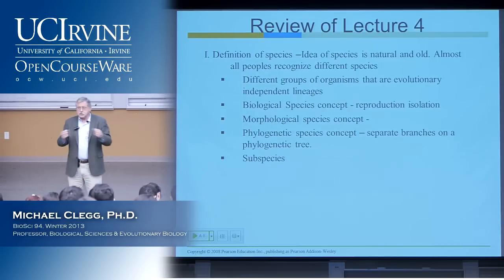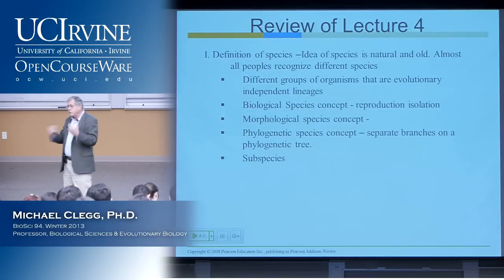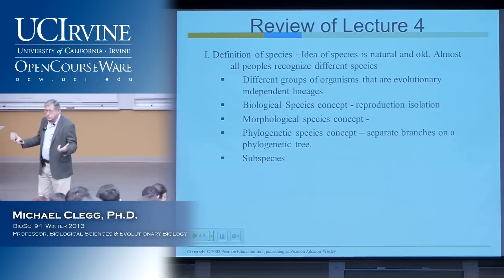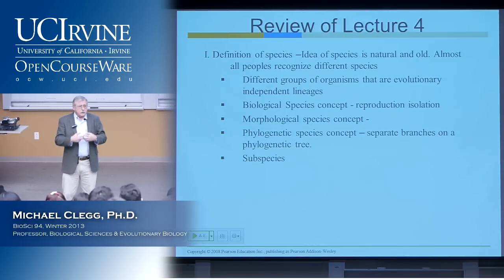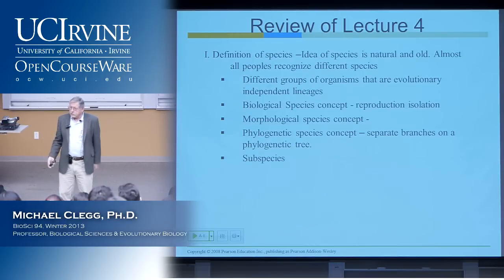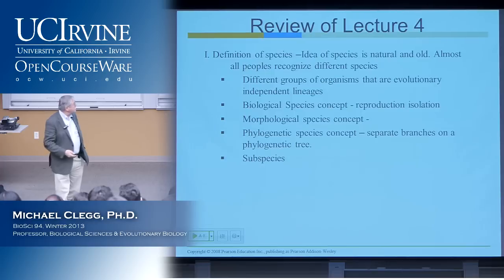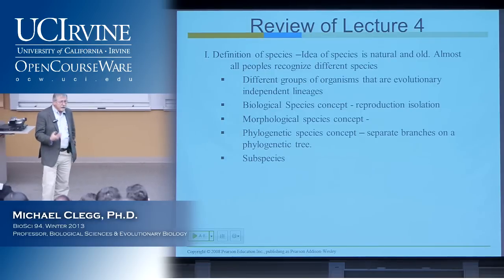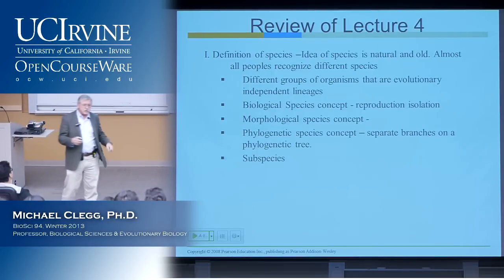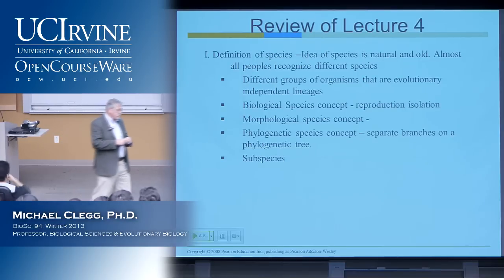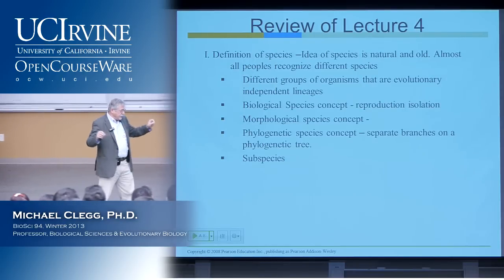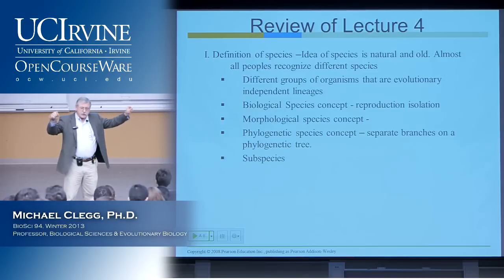And that's simply based upon there being sufficient morphological differences to feel that they are evolutionarily independent populations. And we talked about the phylogenetic species concept. This is where species are actually defined as the terminal tips on a phylogenetic tree.